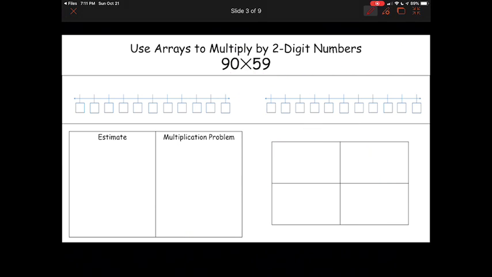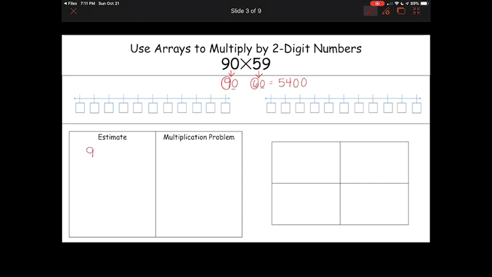So I have 90 times 59. 90 is between 90 and 100, and obviously it rounds to 90. 59 is between 50 and 60, and it rounds to 60. My estimated answer, 9 times 6, is 54, with 2 zeros in my factors, 2 zeros in my product.